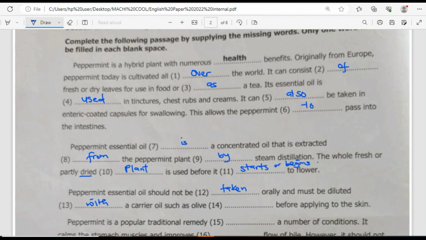So also we have a carrier oil which is applied to the skin, that is olive oil. So here it is oil: olive oil before applying to the skin.